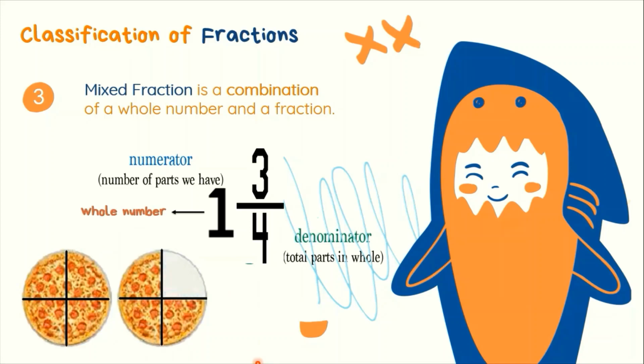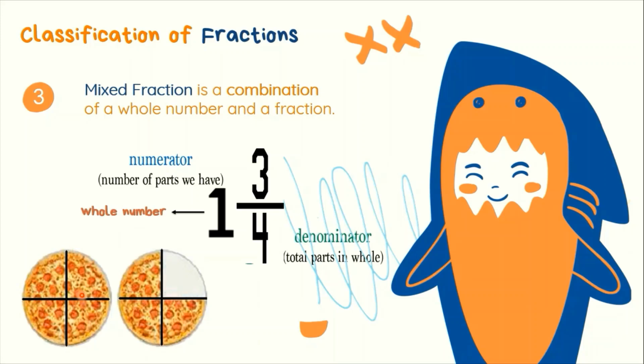Kung meron tayong dalawang buong pizza na hinati sa 4, ito ay nagre-represent ng whole number. Meaning ang isang buong pizza ay hinati sa 4. At itong 4 na ito ay nakuha, kaya tayo merong whole number. Meron tayong isang pizza na hinati rin sa 4. Yung 3 ay ating kinuha at yung isa ay natira.